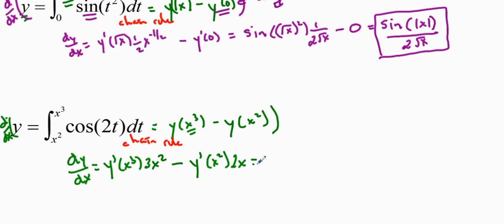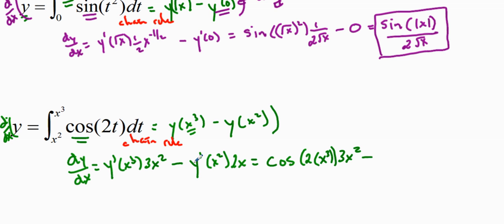Well, let's simplify this into what we know. The derivative of y is going to equal the inside. So we'll have cosine of 2 times, well, what's inside? We got x cubed. We're going to replace that with t, 4t that is, times 3x squared, minus y prime.